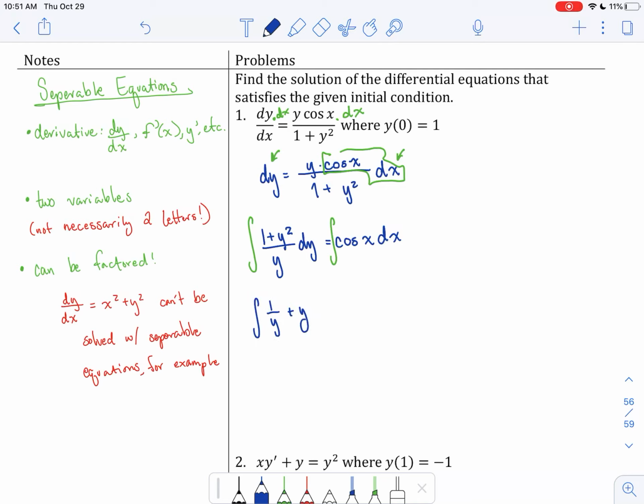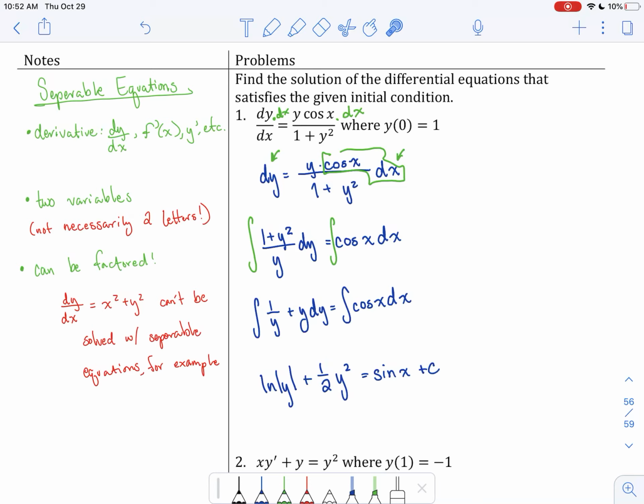So then the integral of 1 over y is the ln of y plus the integral of y, which would be 1 half y squared, is equal to sine of x plus c. You only need plus c on one side, right? Because if there's a plus c here and a plus c here, you could just subtract that over and it creates a new constant. It's just easier than keeping track of a bunch.